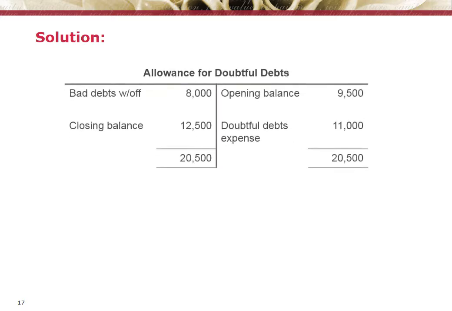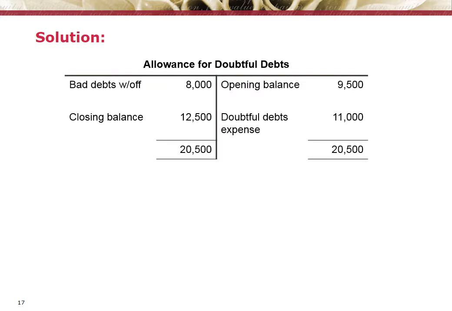So the first account we need to reconstruct is the allowance for doubtful debts, and here we have it presented in a T account format. In the process of figuring out the bad debts written off, which is the figure we're looking for, we would start with the opening balance of $9,500.